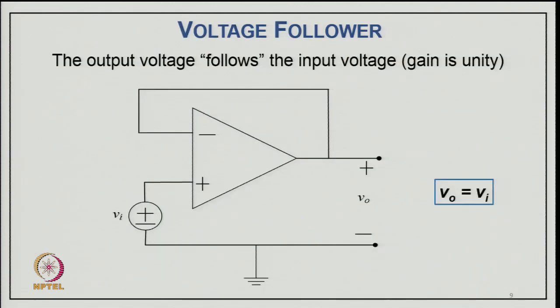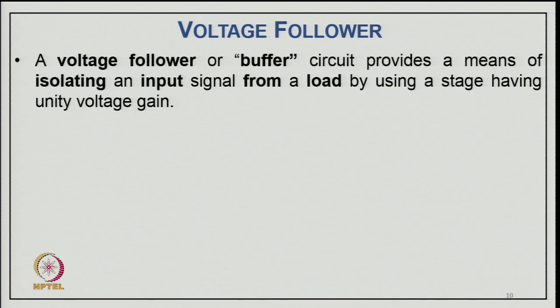Then the voltage follower. This is the circuit whose output follows the input voltage, and the gain is unity because of this feedback. You have negative feedback, but the signal is applied to the input. So the output is equivalent to the input.